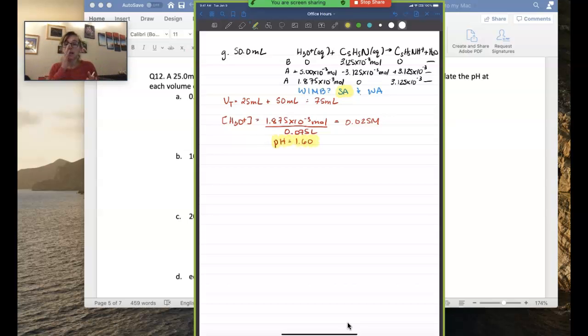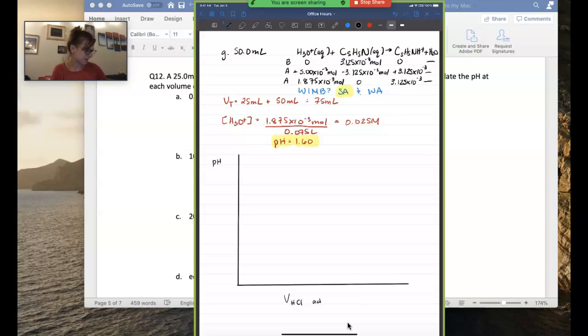All right, so to draw the titration curve, you would need to put the pH on the y-axis, and then the volume of HCl added on the x-axis.